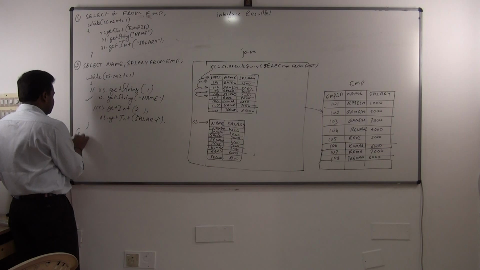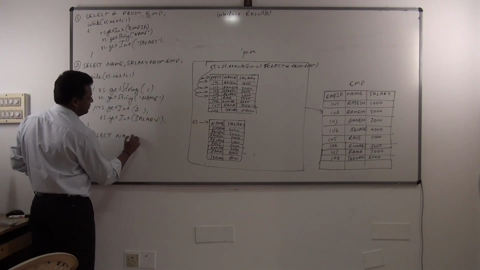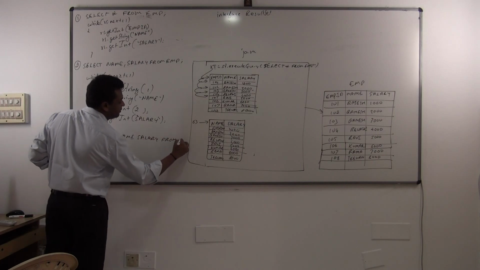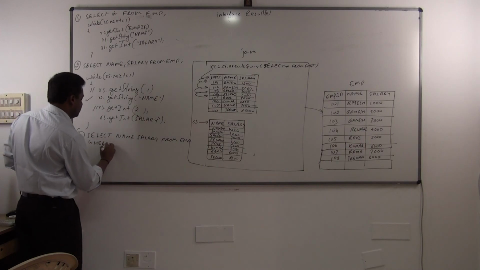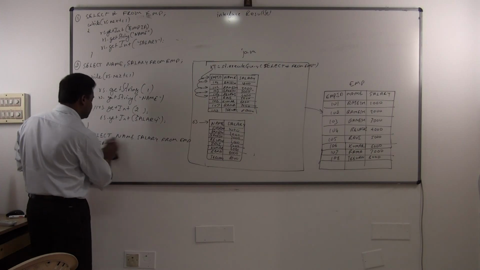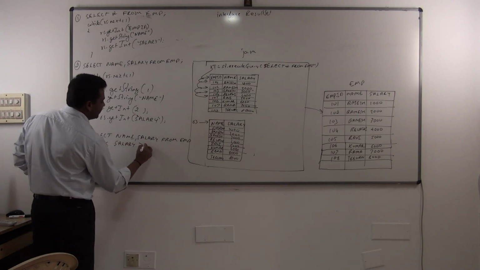More interesting queries now. Select, same query, name, salary from EMP where salary is greater than 4,000.